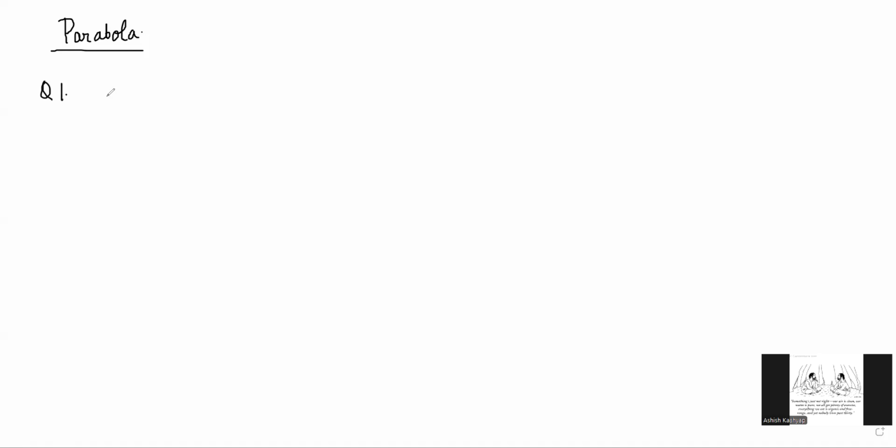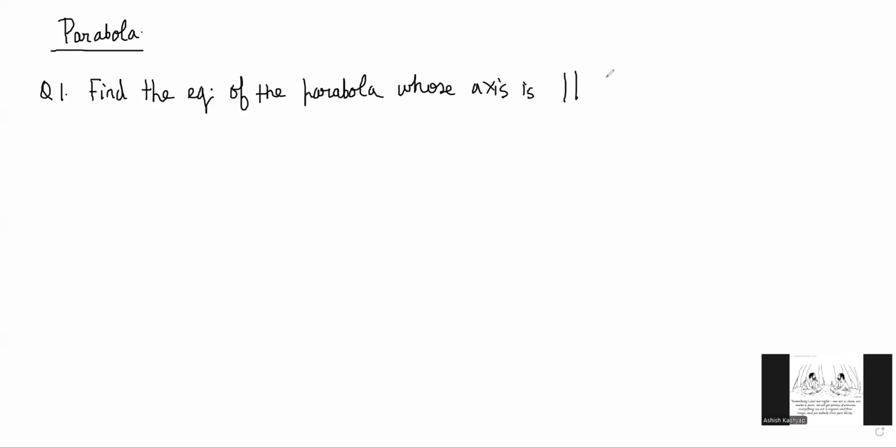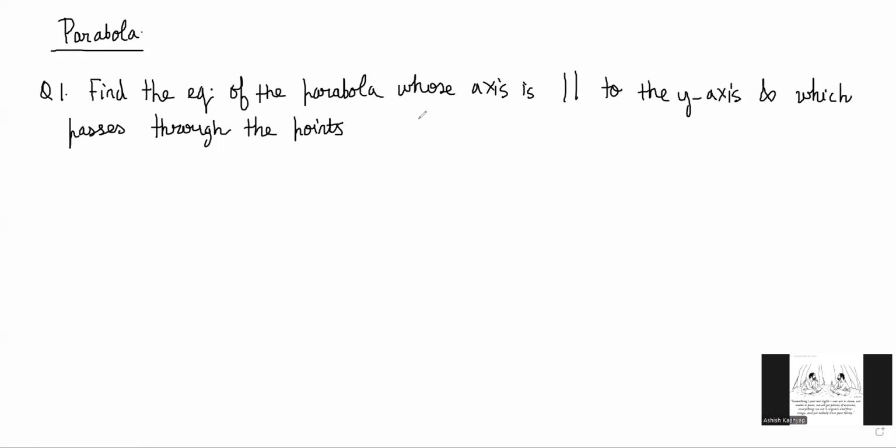The first one is this. Find the equation of the parabola whose axis is parallel to the y-axis and which passes through the points (4, 5), (-2, 11) and (4, 21).